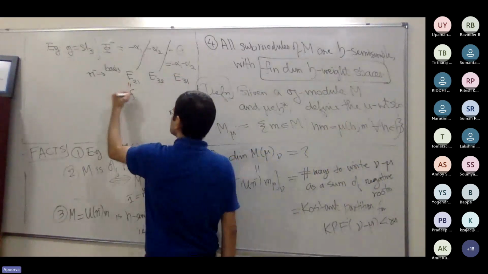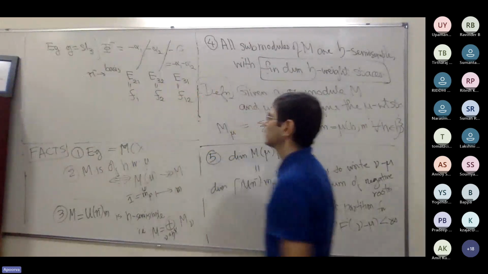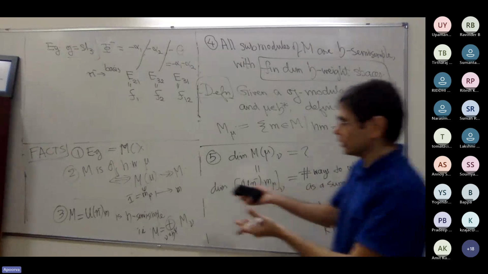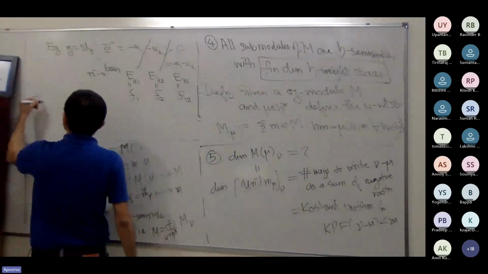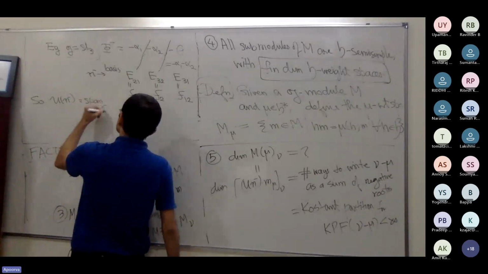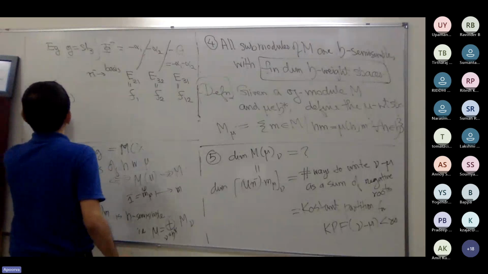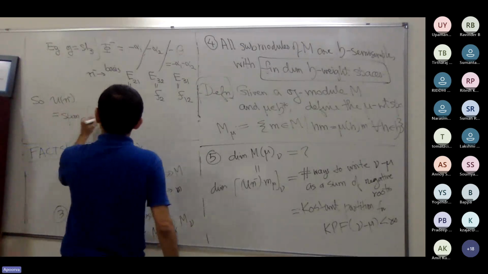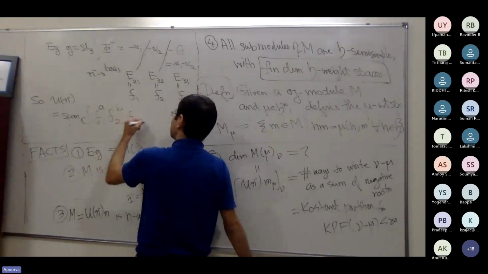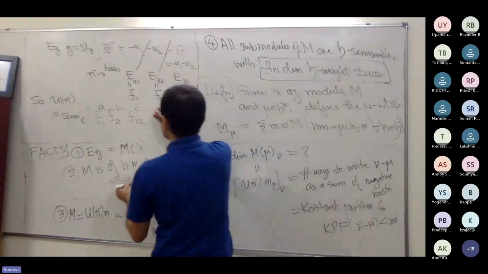Of course, this is the lowering operator F1, this is the lowering operator F2. So U n minus is the C span of F1 to the A, F2 to the B, F3 to the C, which is what I have written somewhere here. A, B, C.